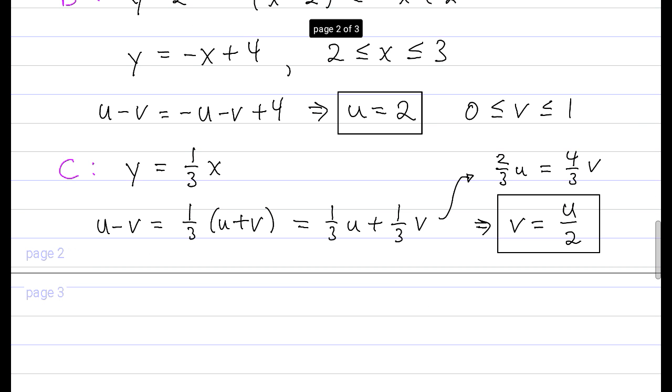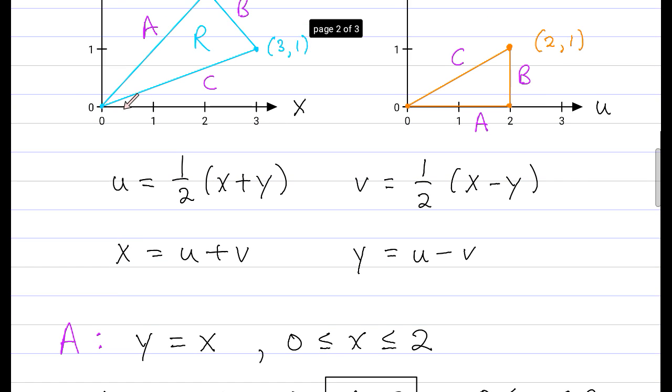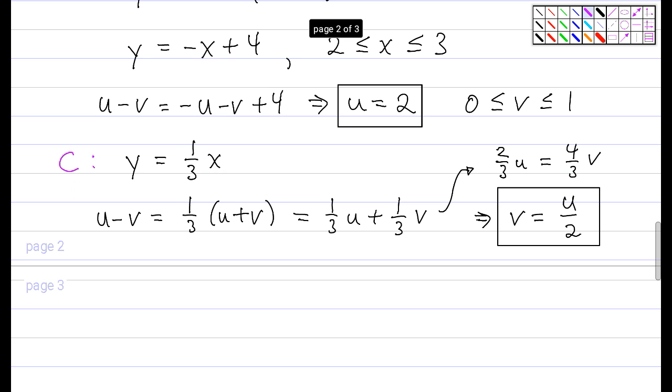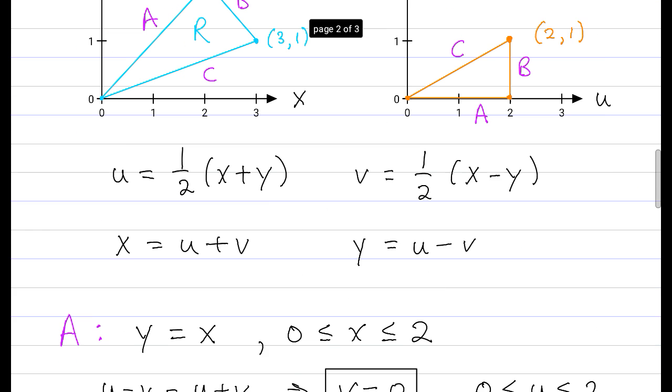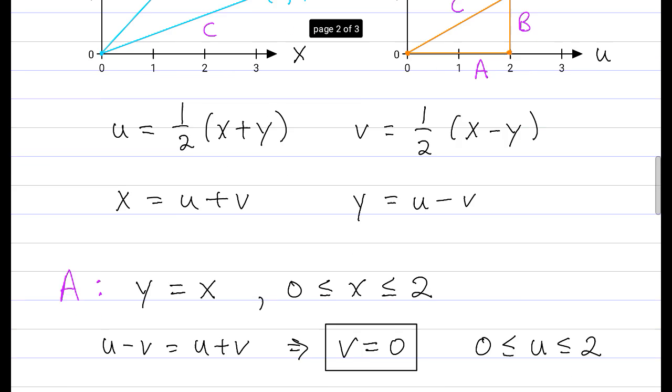As an exercise for you, remember this only works for x between 0 and 3. I should have written that down: x goes between 0 and 3. You should try to confirm for yourself that if this is true, then u only goes between 0 and 2.